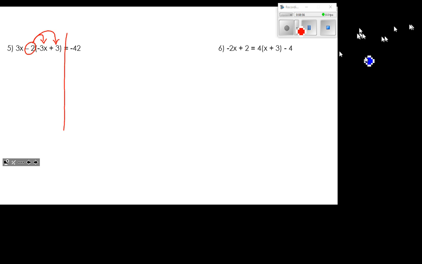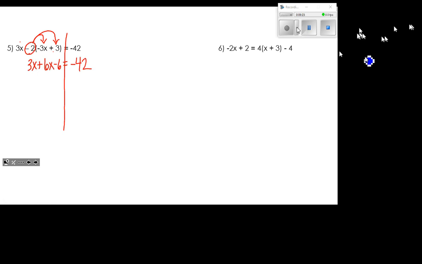And I can bring down this 3x. And now let's distribute. Negative 2 times negative 3x is positive 6x. Negative 2 times positive 3 is negative 6. And bring down the negative 42.